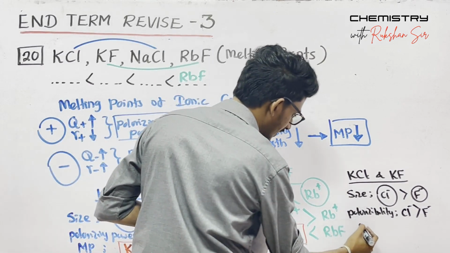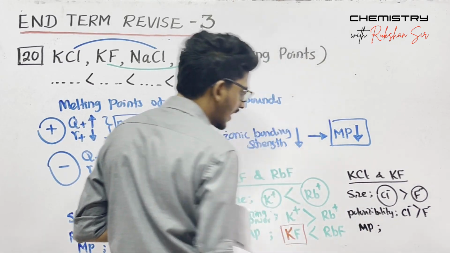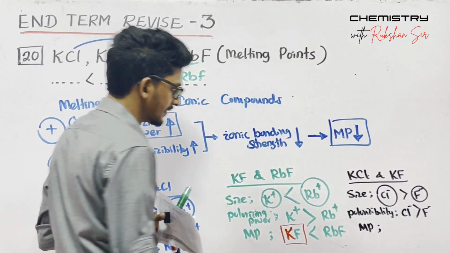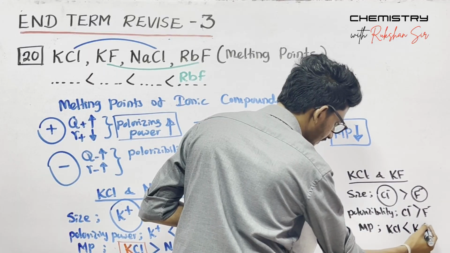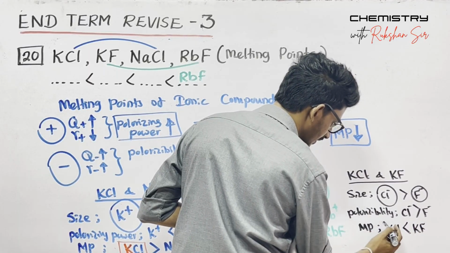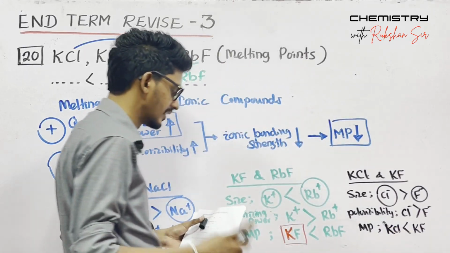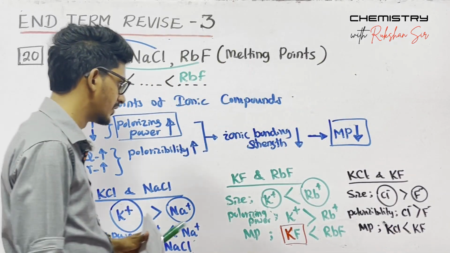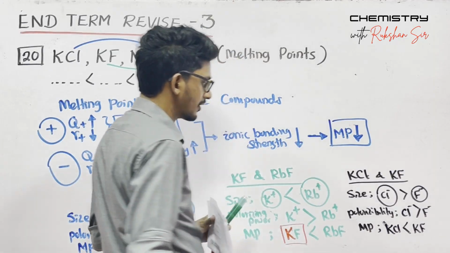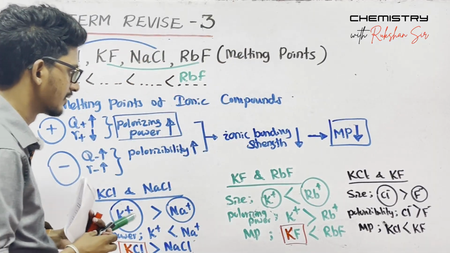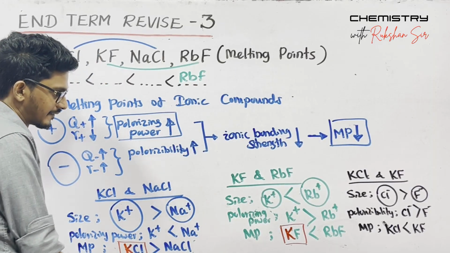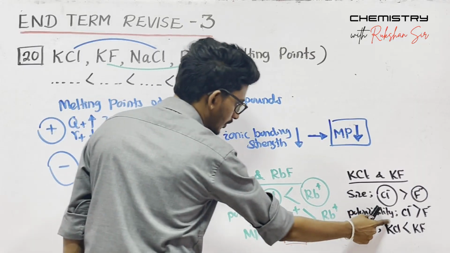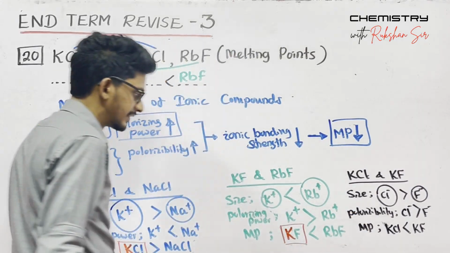So we can say when the polarizability is larger, the melting point is smaller, right? So the melting point of KCl will be smaller than that of KF, the inverse relationship with the polarizing power for the melting points. So even the highest of this pair is lower than the lowest of this pair, right?